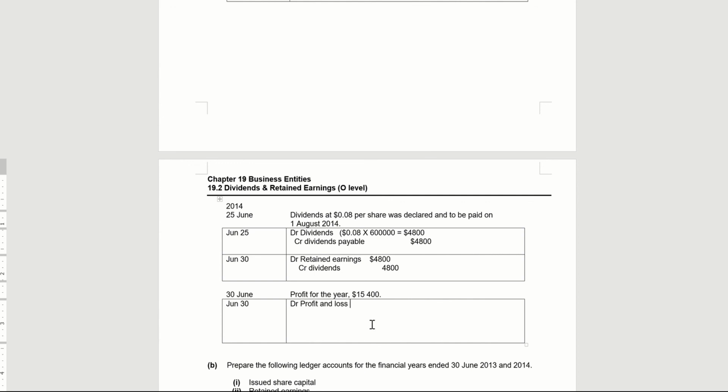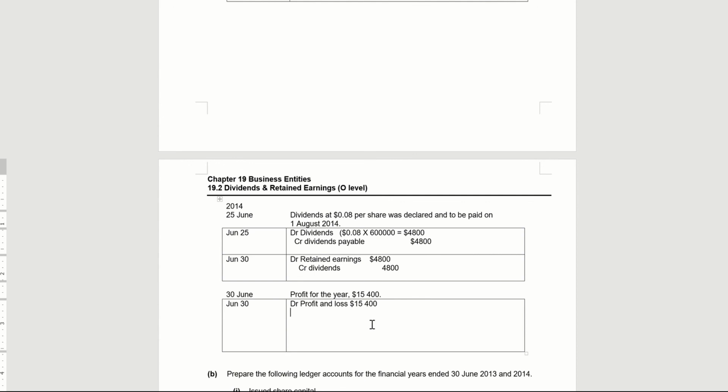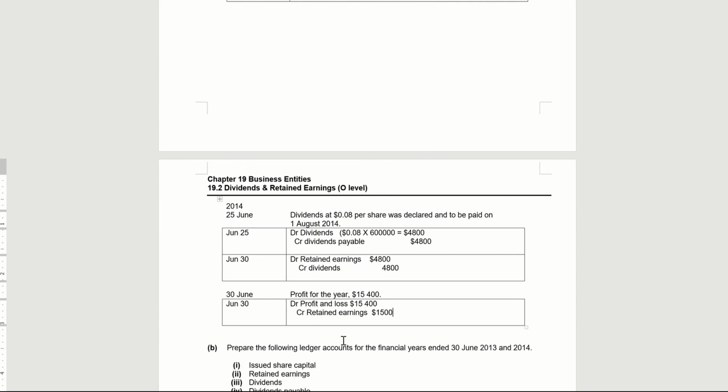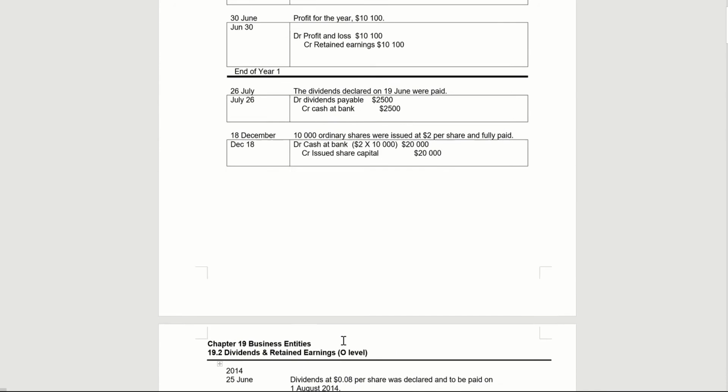So we will debit profit and loss 15,400 and then add into retained earnings. Remember, retained earnings are credit in nature, meaning when you credit it, it will increase, 15,400. Okay, we are done with the journal entry in part A.